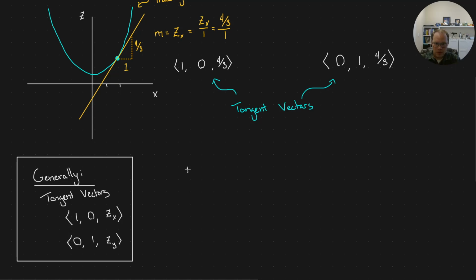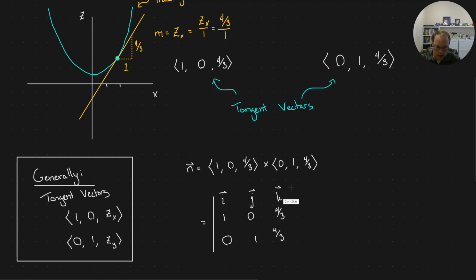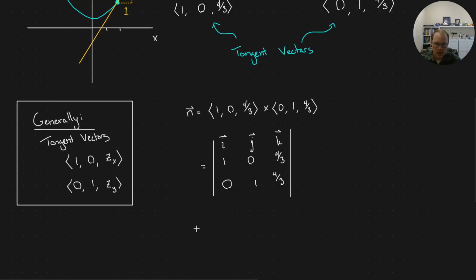Okay, so my normal vector would be the cross of 1, 0, 4/3 with 0, 1, 4/3. So I get i, j, k, 1, 0, 4/3, 0, 1, 4/3. And I get, for my first component, 0 minus 4/3.